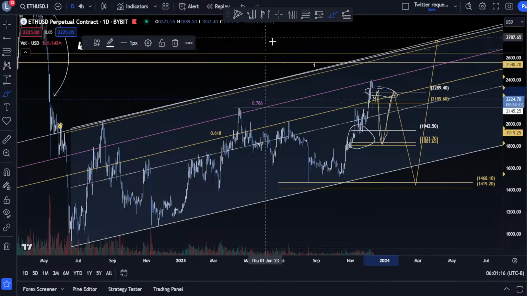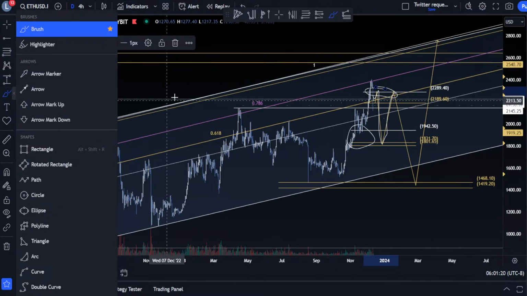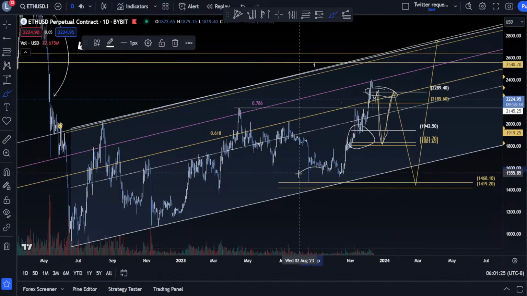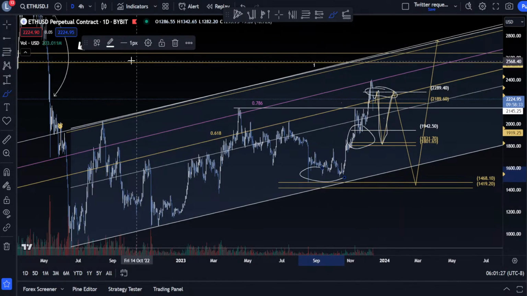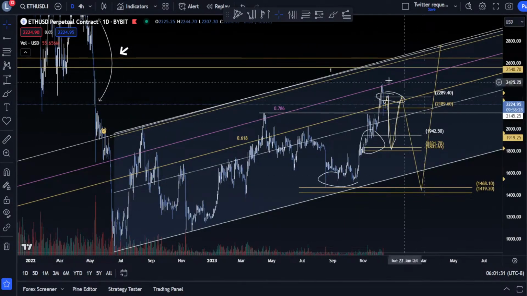And then moving down to this $1,460 region, coming in, taking these lows. So that'd be my high time frame bearish perspective into a swing long.